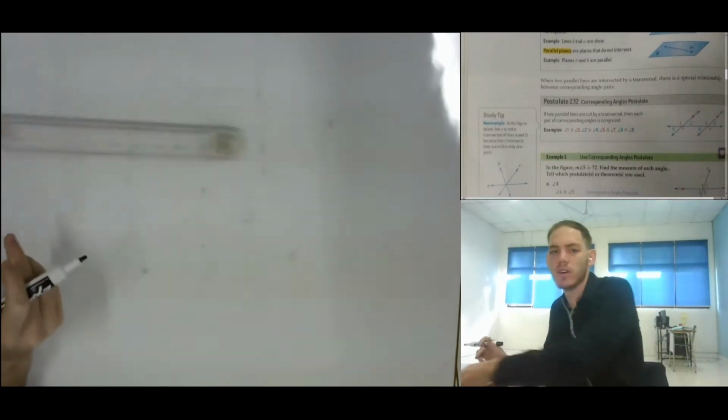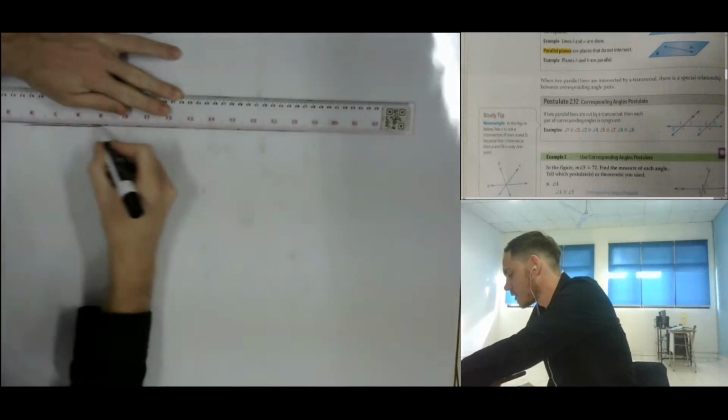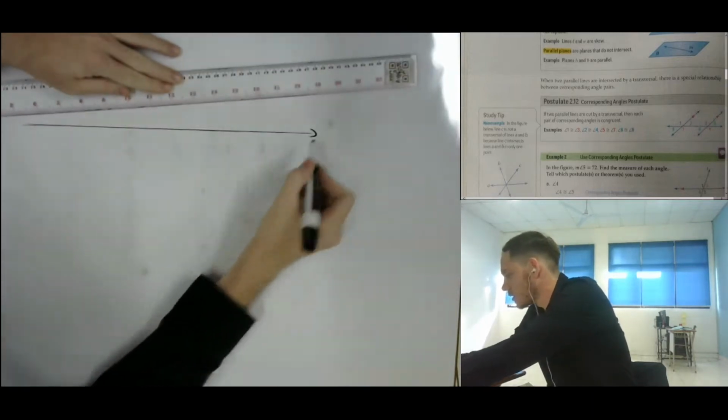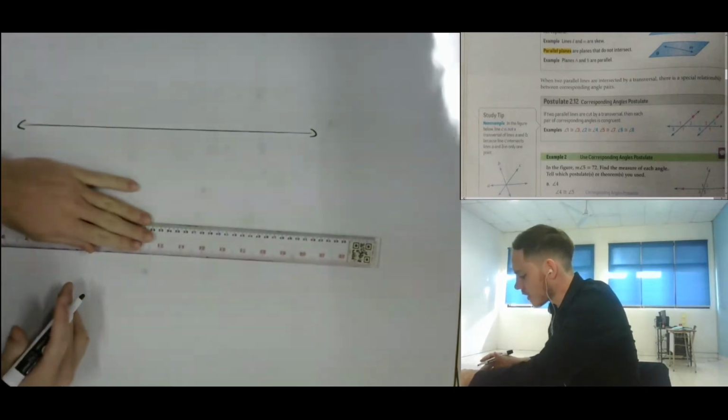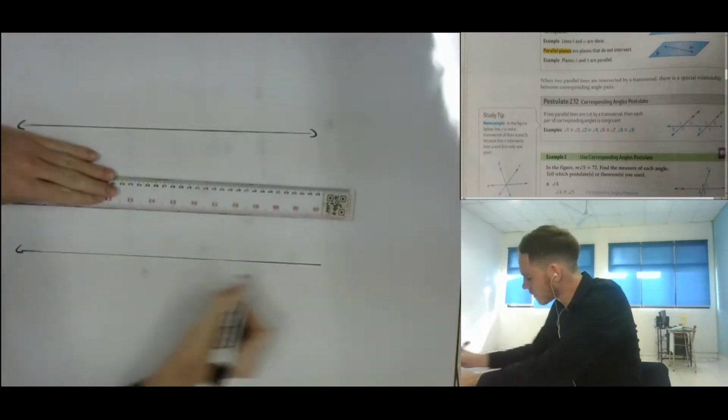Okay, corresponding angle postulate. So if you have two parallel lines, and the way we label two parallel lines, I am probably not going to get this perfect. It's close enough.